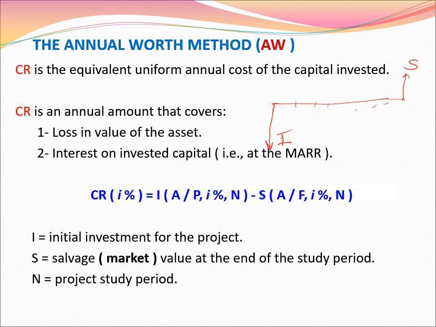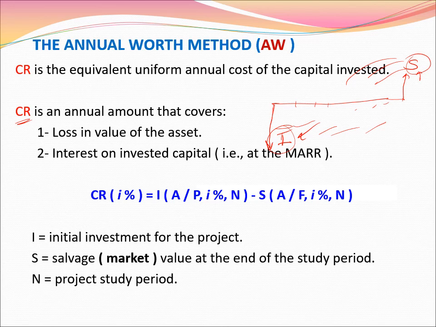So usually this initial investment has such a structure: you pay at the beginning for the equipment, tools, machinery, and land, but at the end you sell them and earn at least some portion of the initial investment. When we distribute this initial investment to annual amounts and the final salvage value to annual amounts, and then take the net value, it is called the capital recovery.